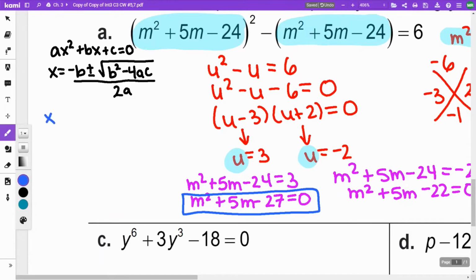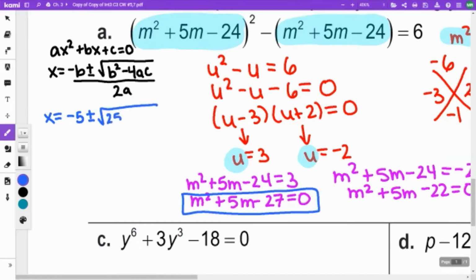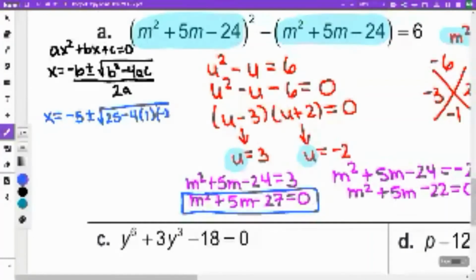So over here, I'm going to have x equal, my b is a 5, so this is going to be a negative 5 plus or minus the square root of b squared, so 5 squared, which is 25, minus 4 times my a, which is 1, and my c, which is a negative 27.